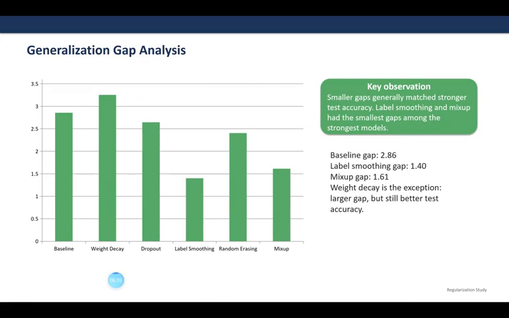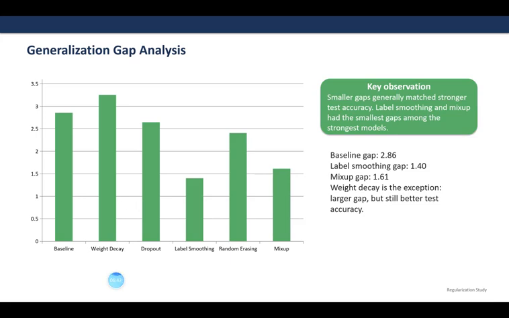Okay, now let's look at the generalization gap analysis. Here I compare the generalization gap, which I defined as clean training accuracy minus validation accuracy at the selected checkpoint. The baseline gap is 2.86 points, which shows mild overfitting.